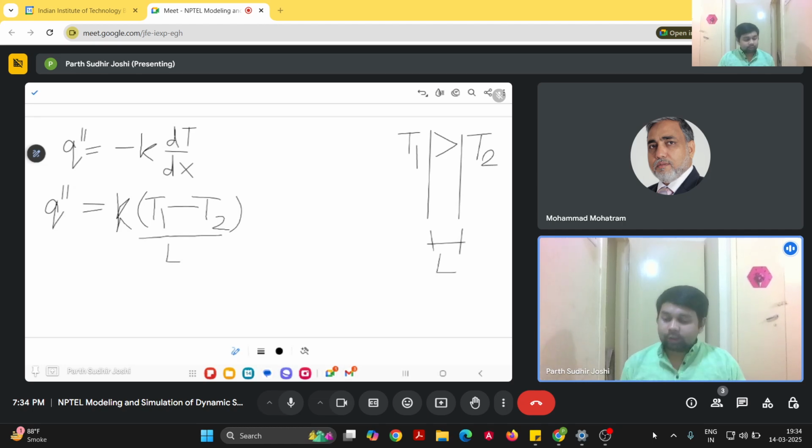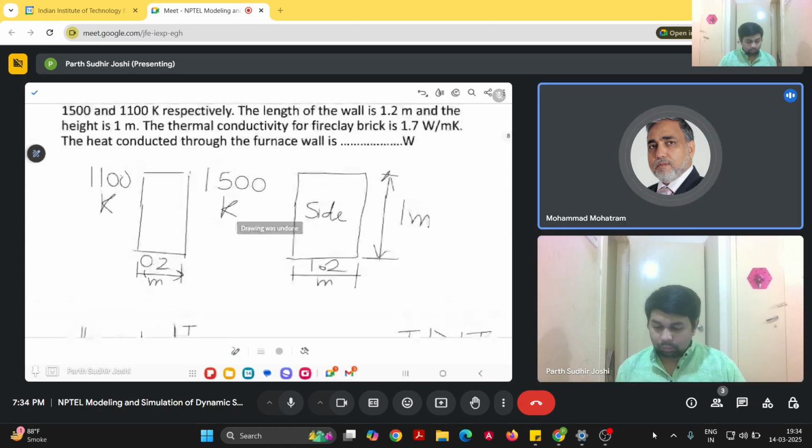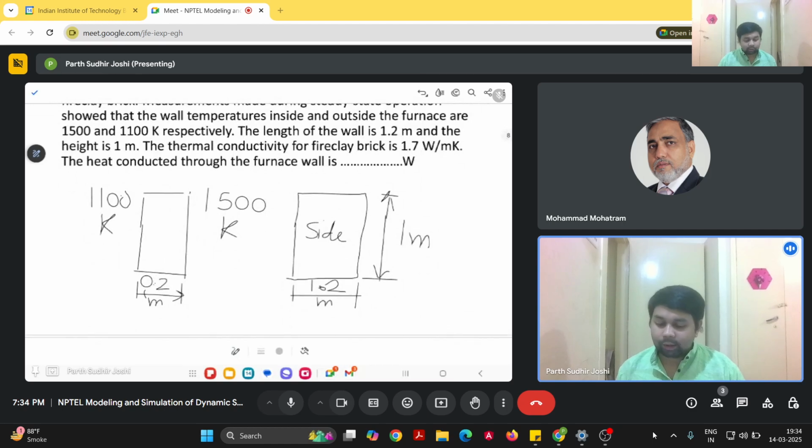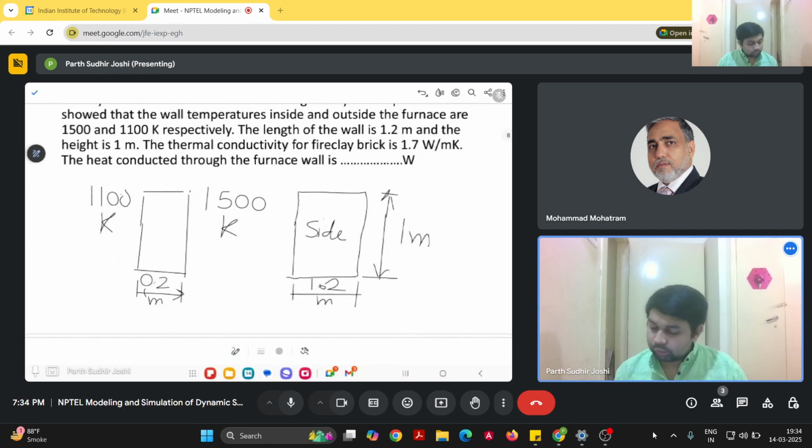So in this case, the thermal conductivity is given, the temperatures are given. So we know that the ends of the wall are at 1500 and 1100, and we know the cross-sectional area.